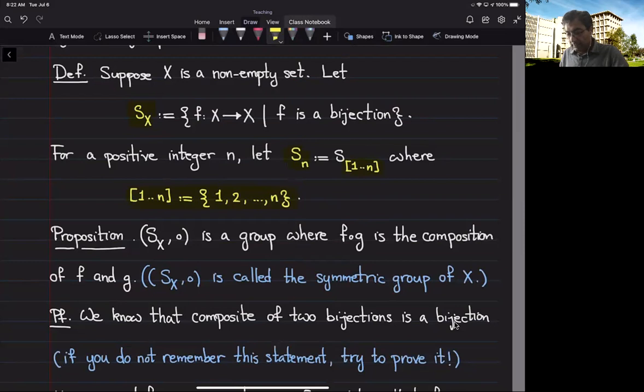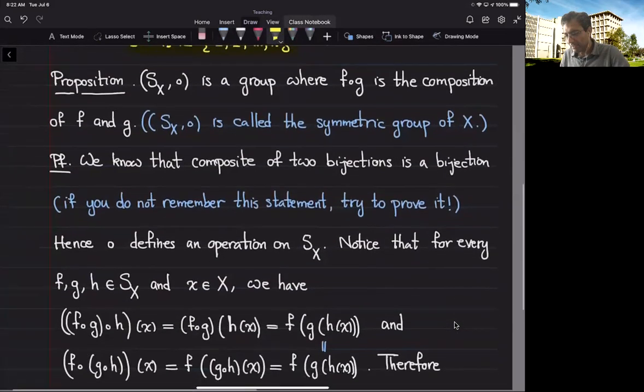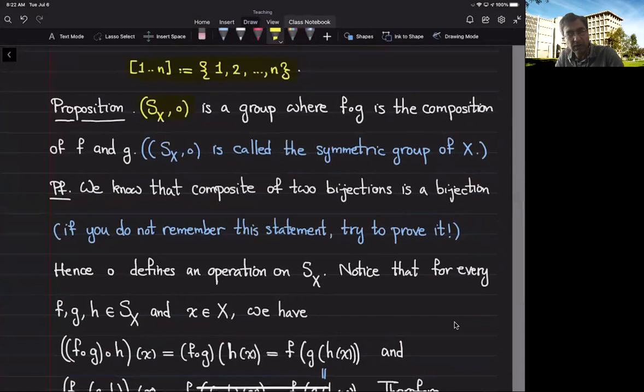Okay, following the same meta example, if we look at S sub X and use composition, we end up getting a group. So if I give you F and G, two bijections from X to X, F∘G is simply the composite of F and G. S sub X with composition is called the symmetric group of X.